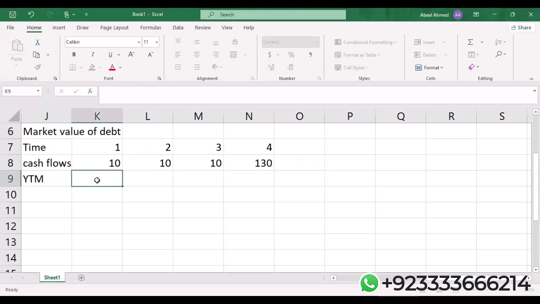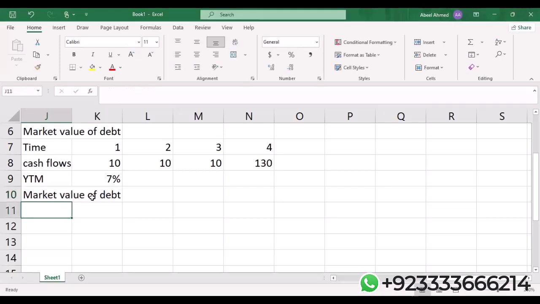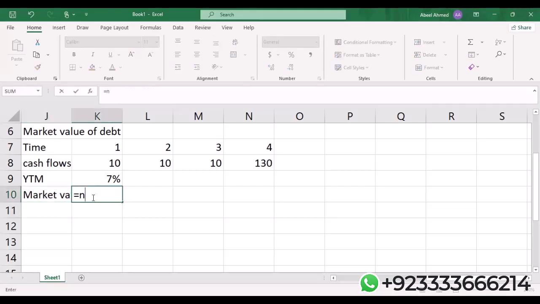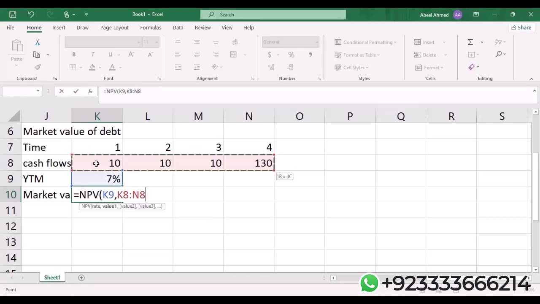Now, YTM. Let's assume that YTM is 7%. We actually need market value of debt, so what to do? Is equal to NPV. I'll take the rate, comma, take all the values, shift, and then right arrow, bracket close.